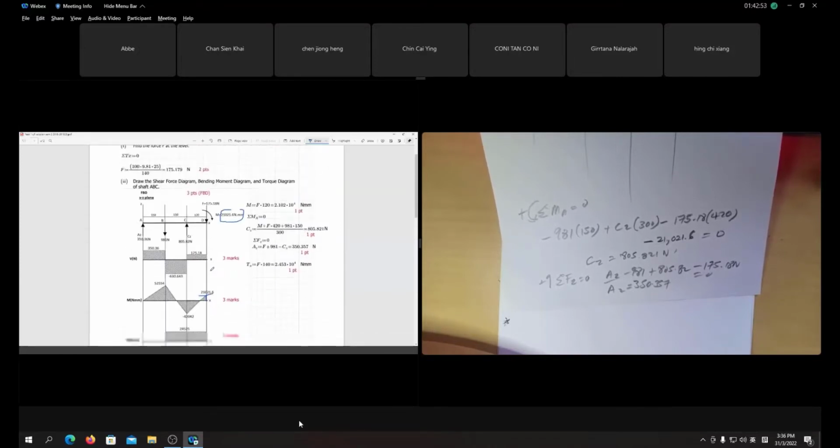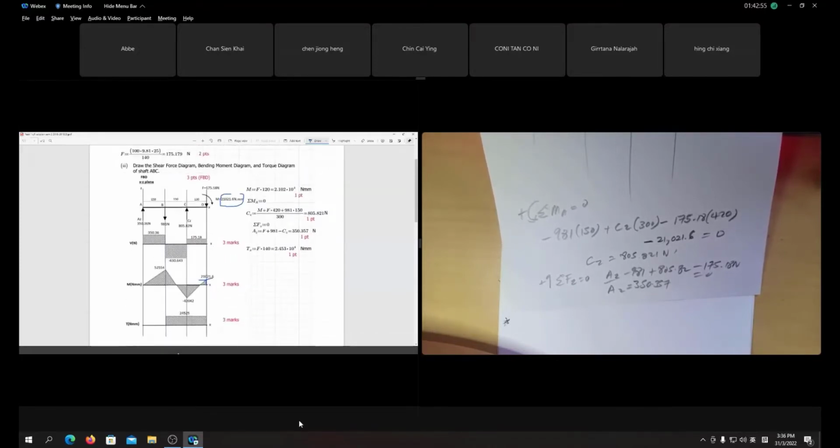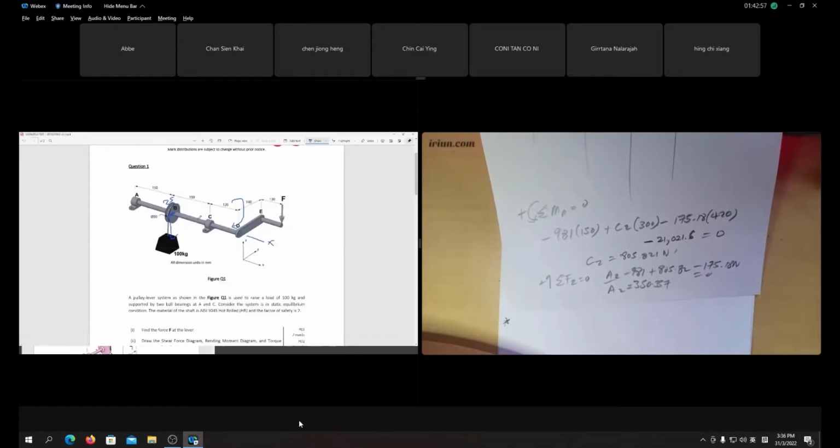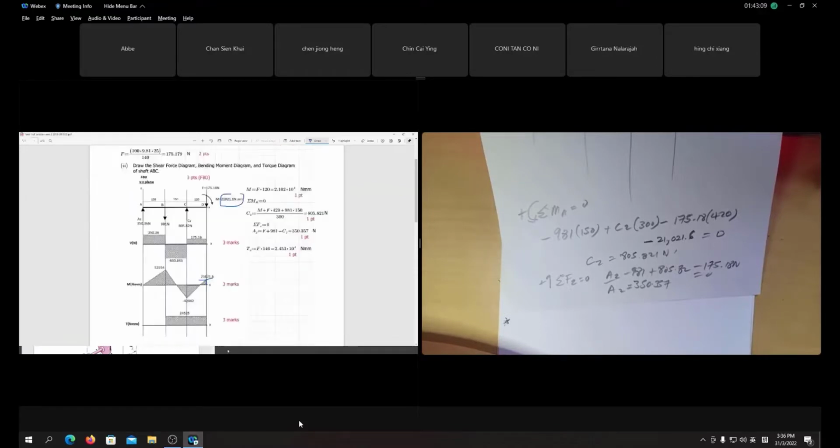Okay, and also you have torque diagram. If you look on the question, torque diagram, since this B ini produce, okay, this is X axis, ini right after B, dia produce torque X positif. Okay, so that's why your solution, ni positif, right after B positif.